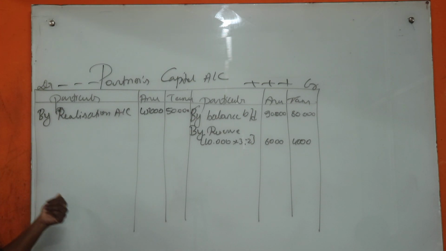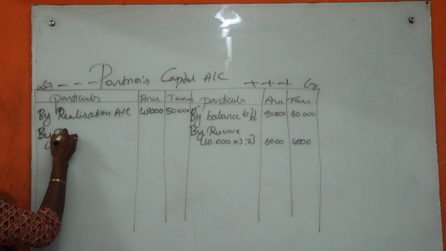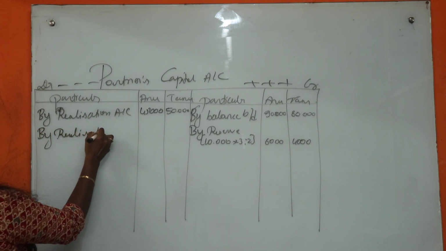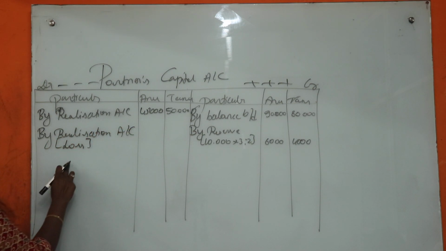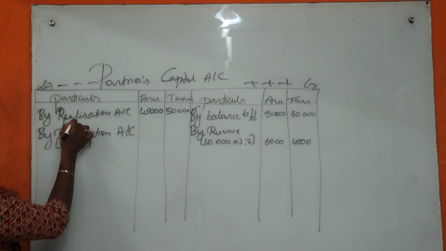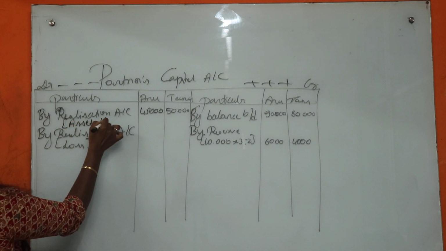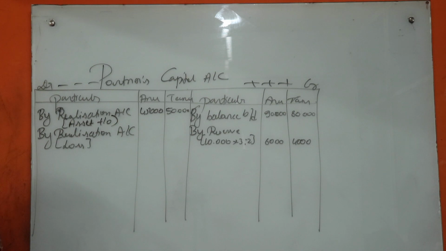No, we'll transfer it on the debit side because that will be deducted from their account. If there is any profit or loss, it's distributed between the partners. So we'll transfer that loss even to the partners' capital account. We'll write it as realization account only. This is for the loss, for your understanding of the writing, and this is for assets taken over by partners. Okay, clear?